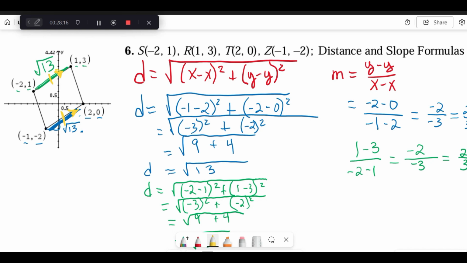And now, because I have one pair of sides that is both parallel and congruent, we can classify this.